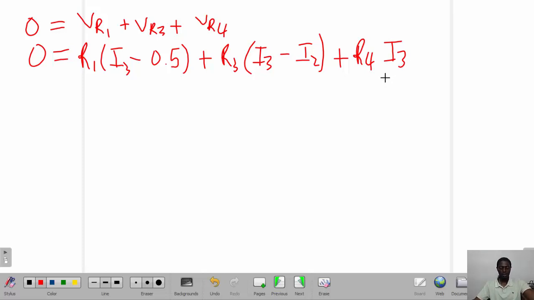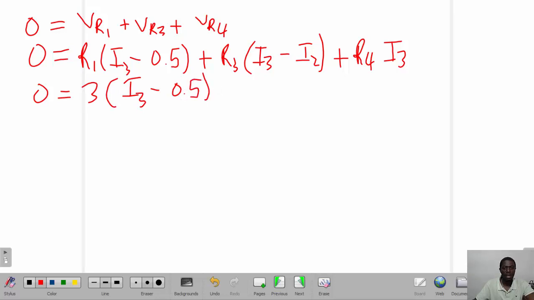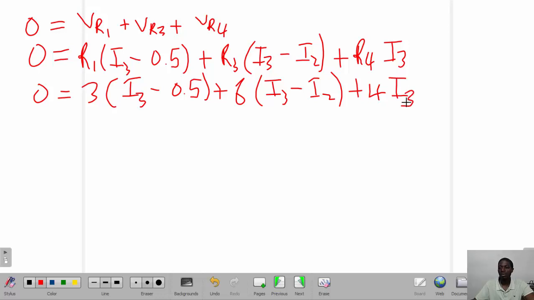And that's what we get. So when we insert in the values, we have 0 equal to R1 was 3. We've got I3 minus 0.5. And then that adds to, we've got 6 for R3, I3 minus I2, plus R4 was equal to 4 ohms, 4 multiplied by I3.